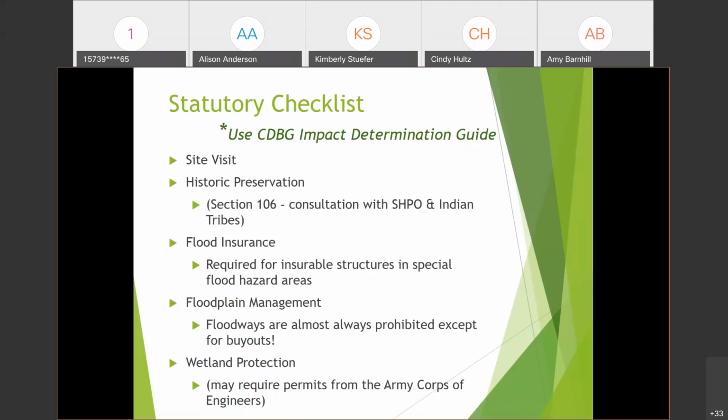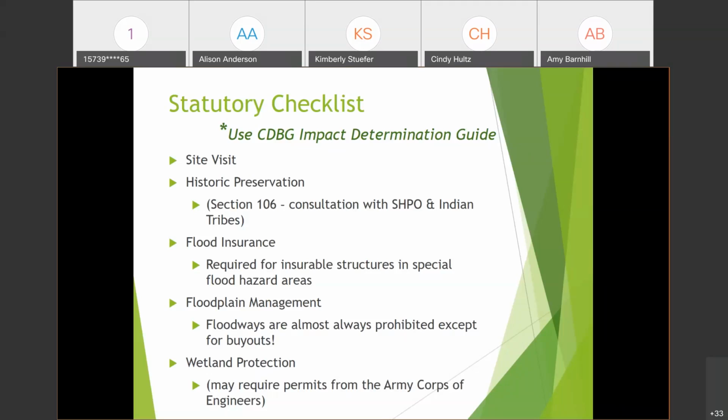And so you want to always keep whatever documentation you need in order to show that you did this consultation and that you checked the SHPO. You just want to have in your file all the correspondence between you and SHPO.